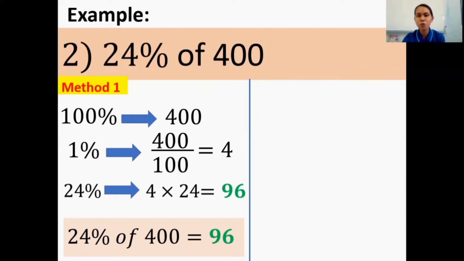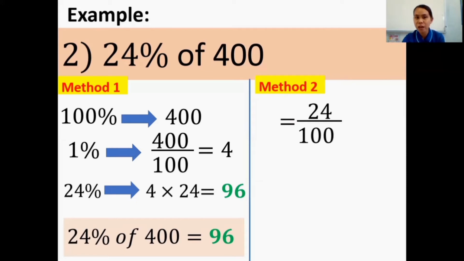For method 2, we can say that 24% is equal to 24 over 100. Again, 24% is equal to 24 over 100 times 400. From here, we can observe that 100 and 400 are divisible by 100. 100 divided by 100 equals 1. 400 divided by 100 equals 4.